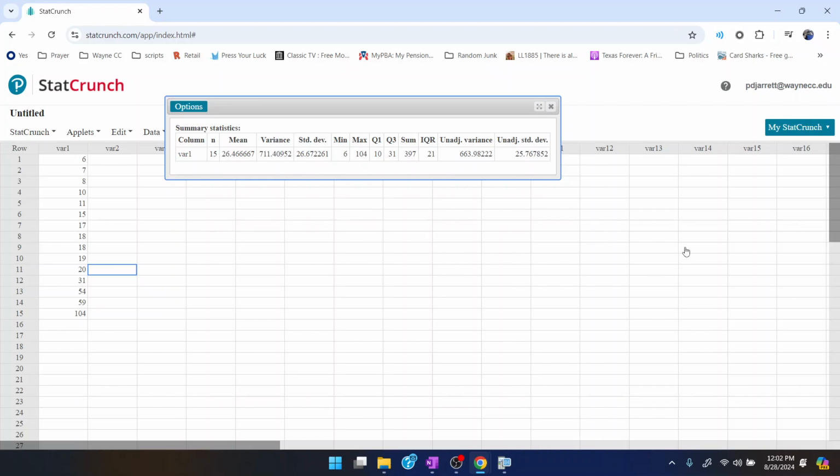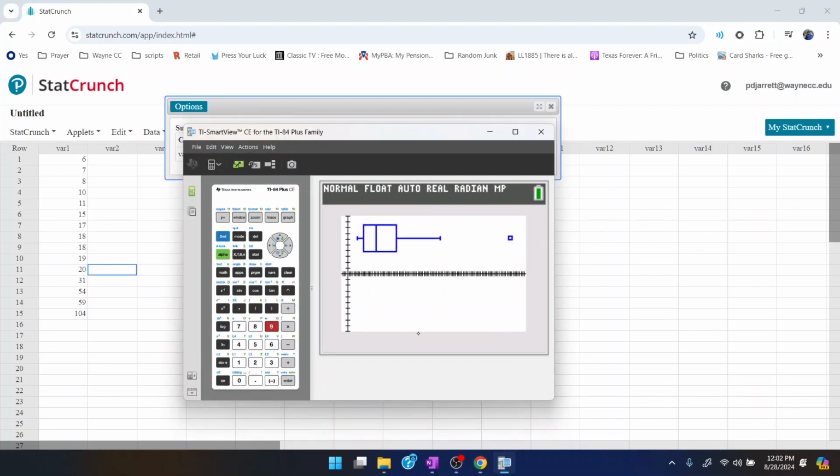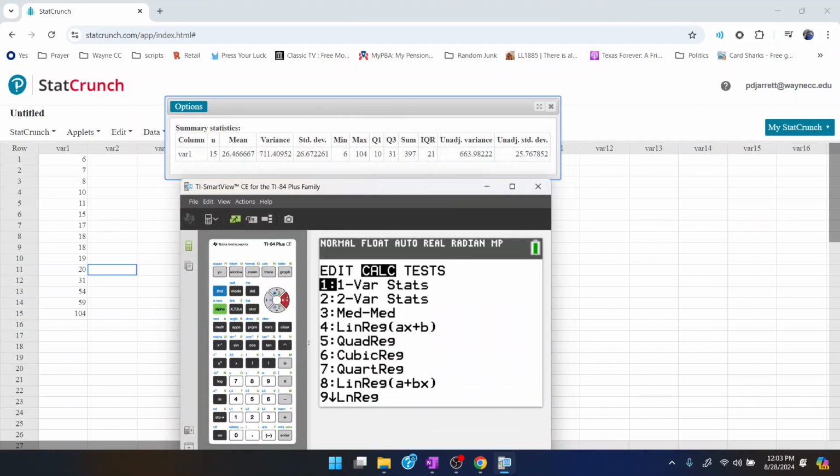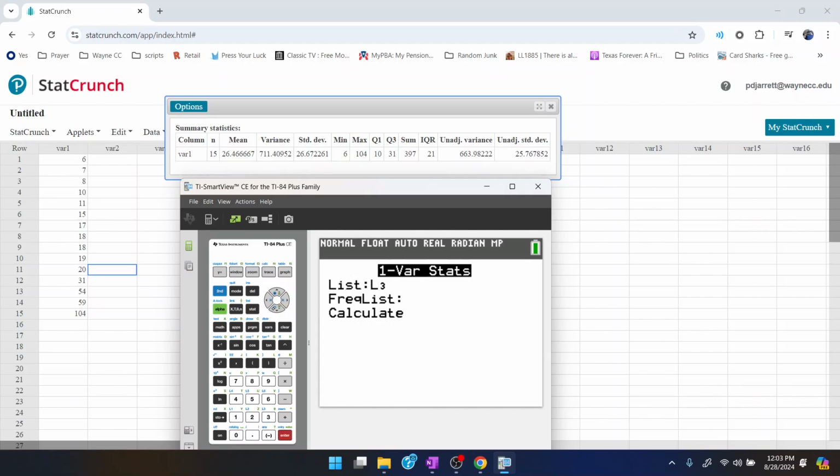Because here's the thing. When I go to my calculator and do the 1-Var Stats on that particular list, let's see if it matches up, and spoiler alert, it should. But if you notice, the standard deviation they give you here on StatCrunch is the same as the sample.